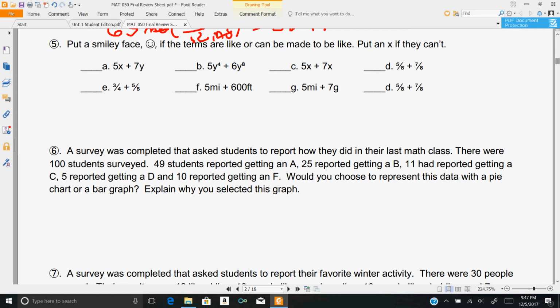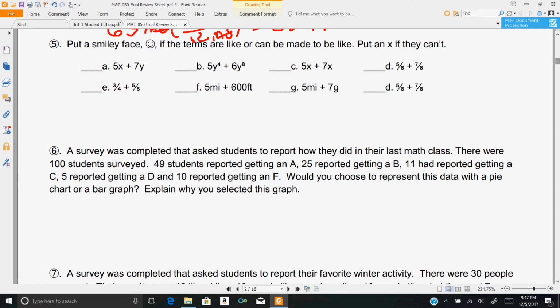Okay, now that you've looked at question 5, you have to put a smiley face by the letter if the terms are like or can be made to be like. So put an X if they cannot. X and Y are not the same necessarily. They can be the same, but we have no way of knowing that they're going to be the same.